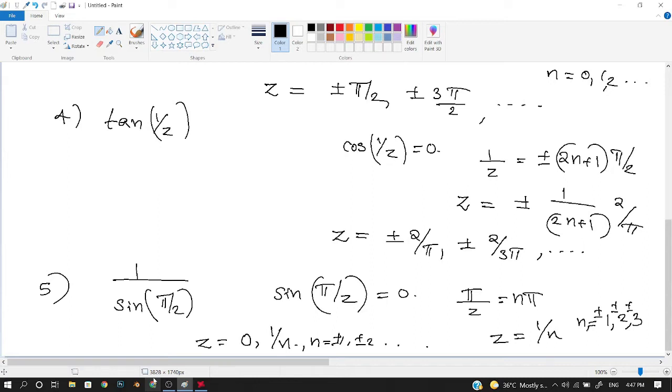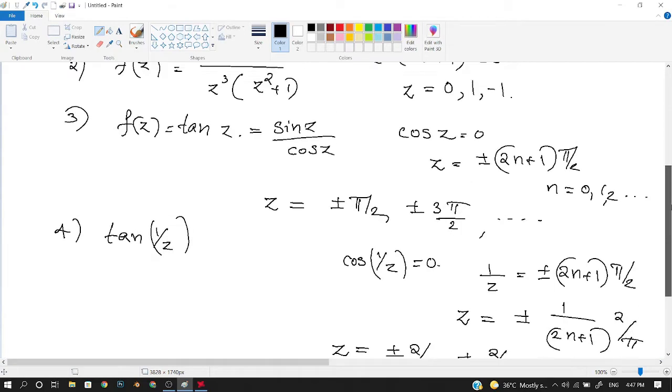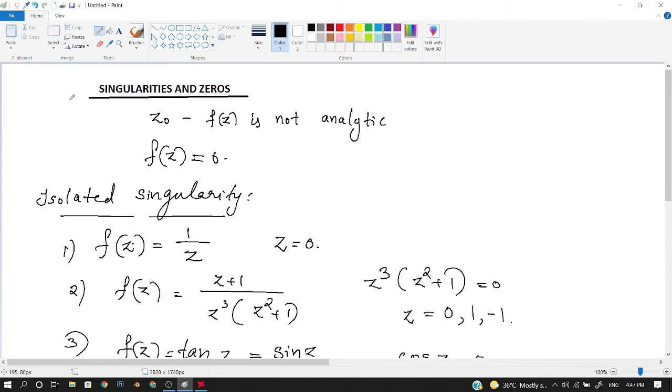Okay, so all other singularities between minus 1 and 1 are isolated. z equal to 0 is non-isolated. Okay. Now let us consider the classification of isolated singularities using Laurent series.